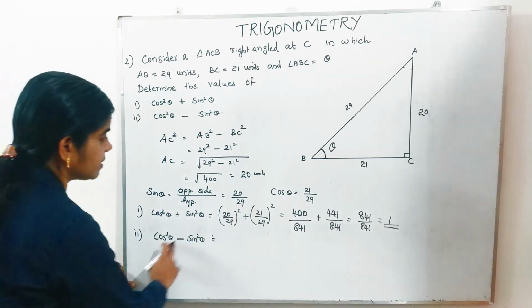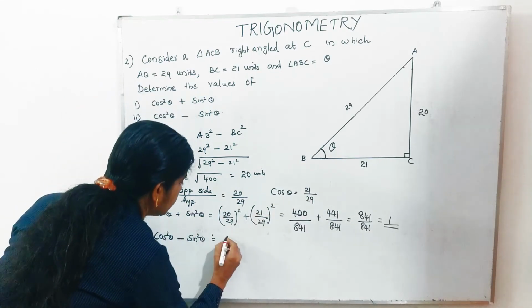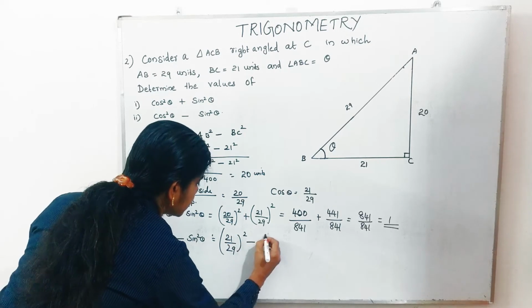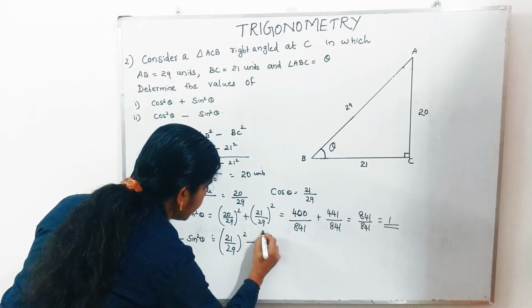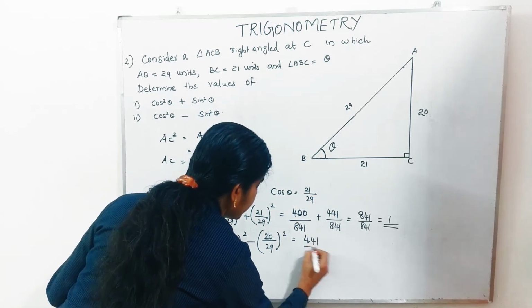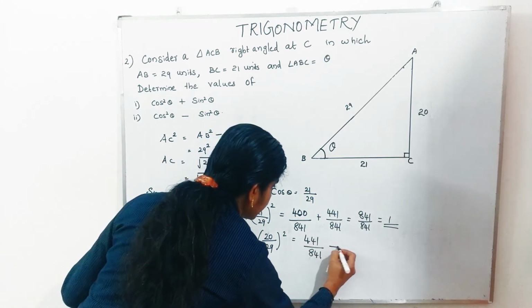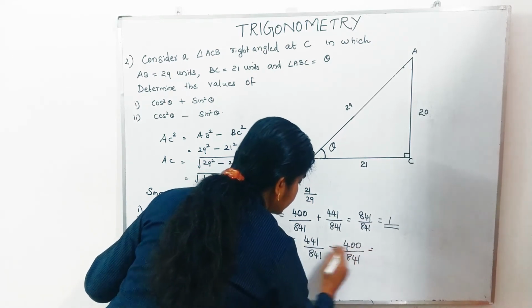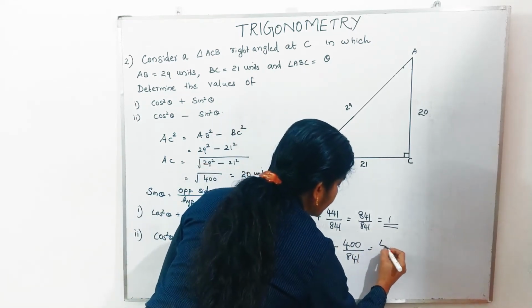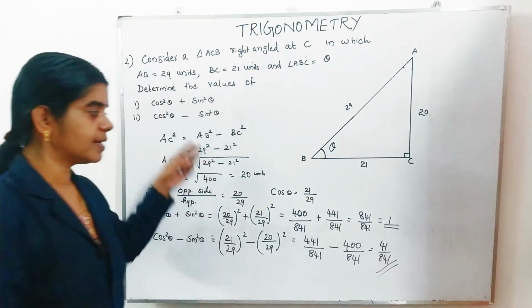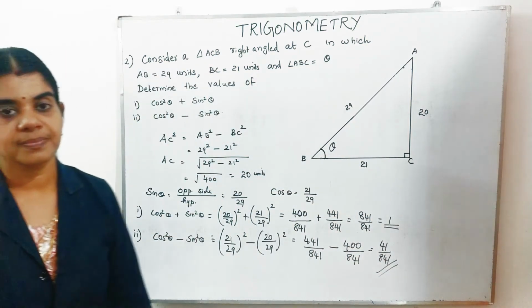But in the cos square theta you want to write 21 by 29 whole square minus 20 by 29 whole square, that is 441 by 841 minus 400 by 841. If you are subtracting, you will get 41 by 841. That will be the answer.